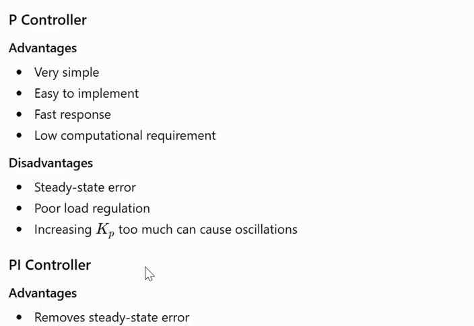So comparatively, the P controller provides these advantages, that is simple implementation, and the response is quicker for large errors and low computational requirement, whereas it leaves the steady state error and poor load regulation. So increasing the value of Kp beyond the limit may lead to high oscillations.